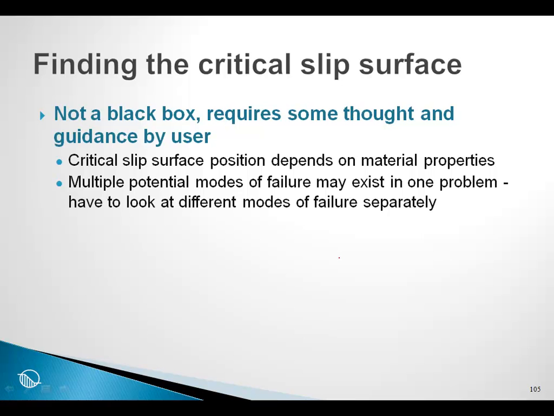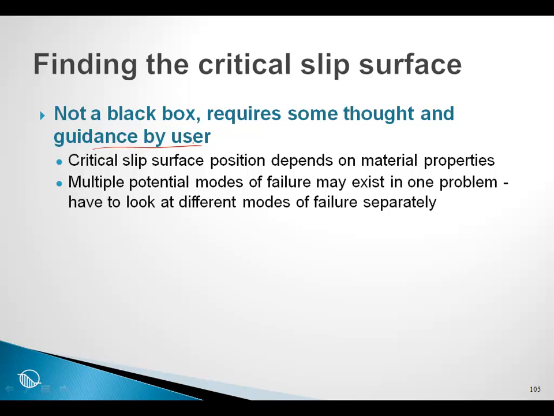It is important to realize that defining the trial slip surfaces is not a black box. It requires some thought from you, the user, and some user guidance. You have to think a little bit ahead as to what mode of failure am I trying to analyze, and then guide Slope W with possible but realistic trial slip surfaces.